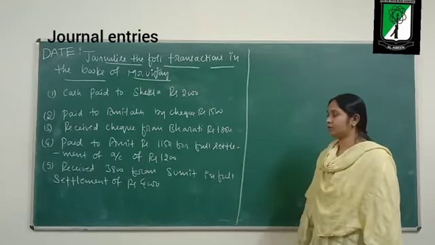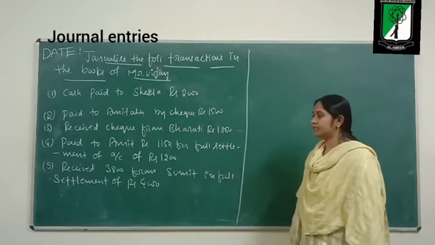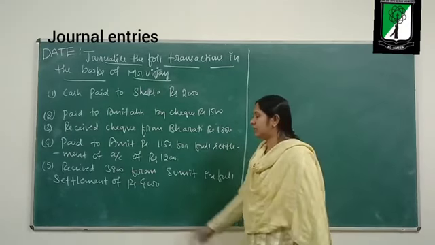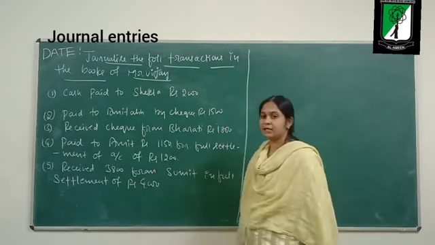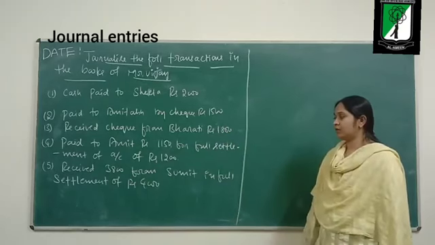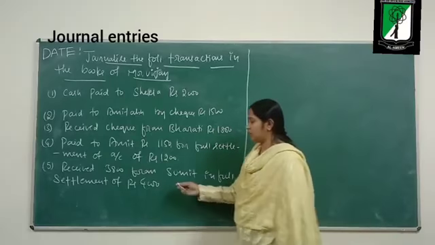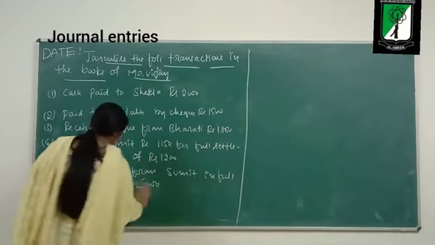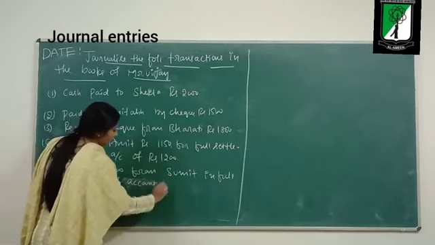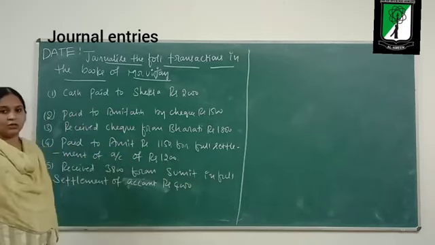Next, received rupees 3800 from Sumit in full settlement of account rupees 4000.